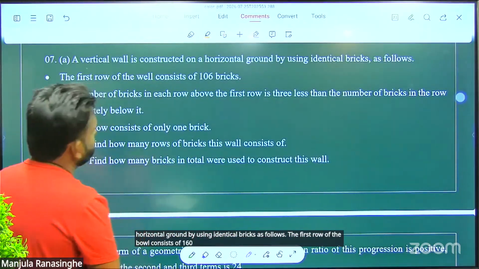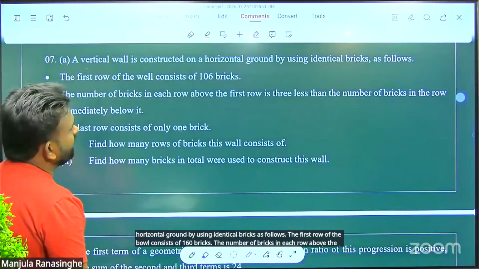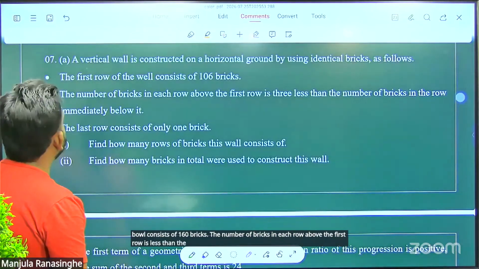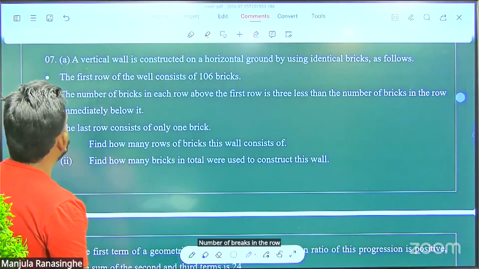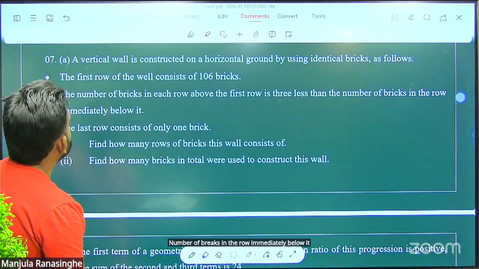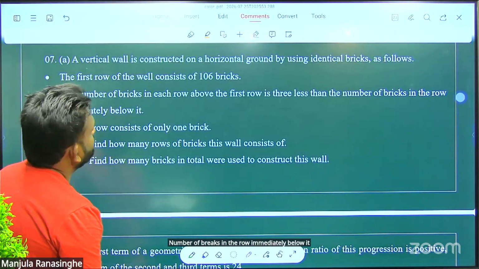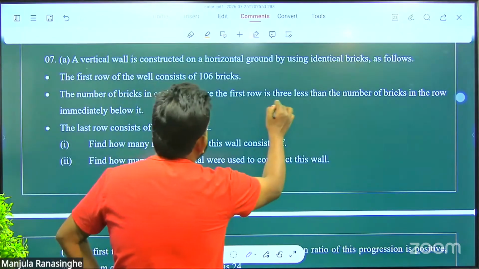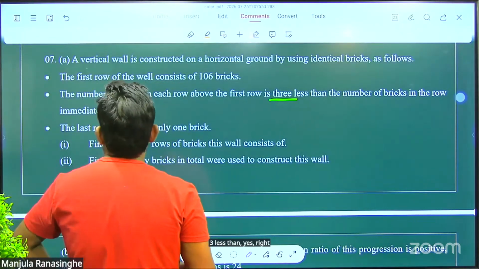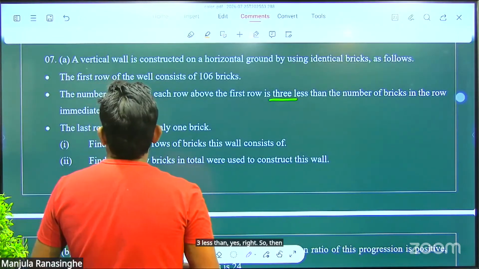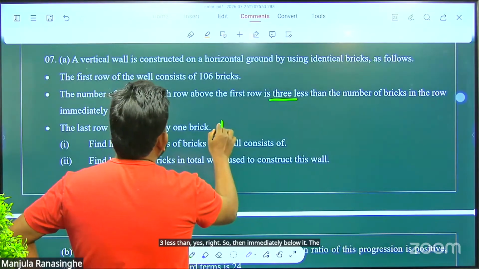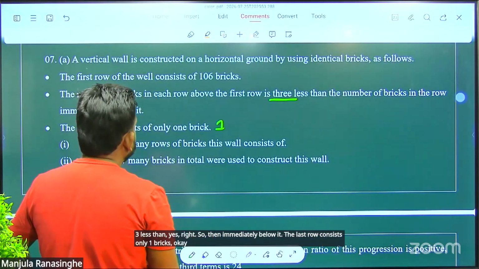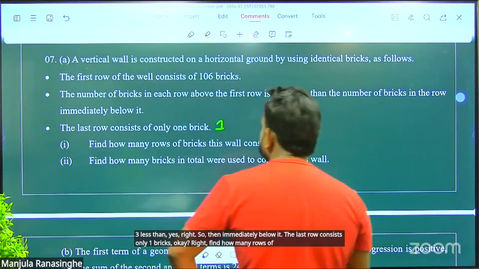The number of bricks in each row above the first row is 3 less than the number of bricks in the row immediately below it. The last row consists of only 1 brick. Find how many rows of bricks this wall consists of.